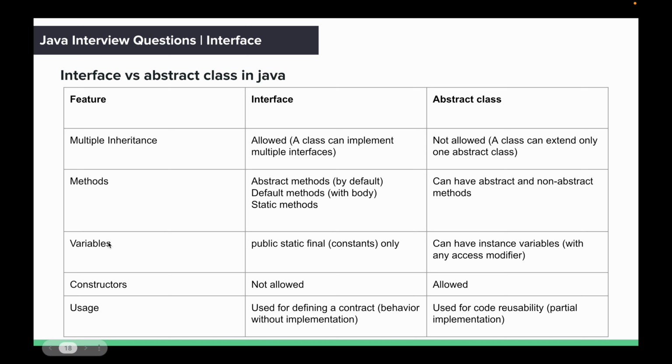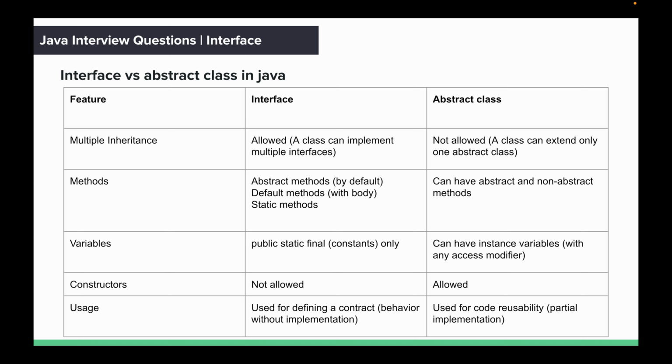When we talk about variables, the interface can contain public static final variables only, so we cannot give non-static or instance variables inside the interface. On the other hand, an abstract class can contain any type of variables with any access modifier.